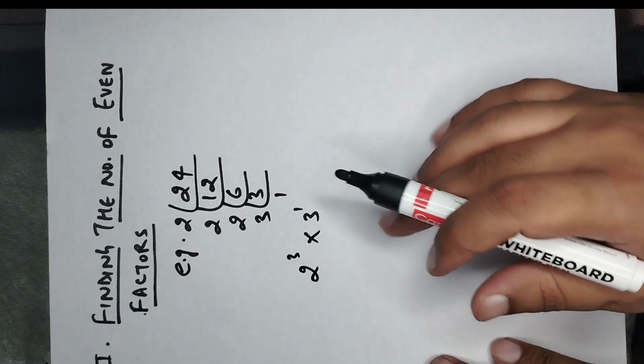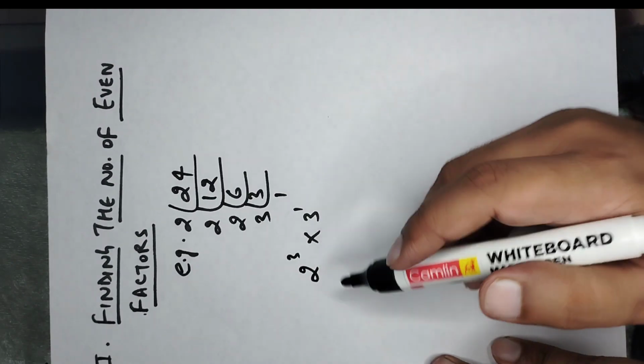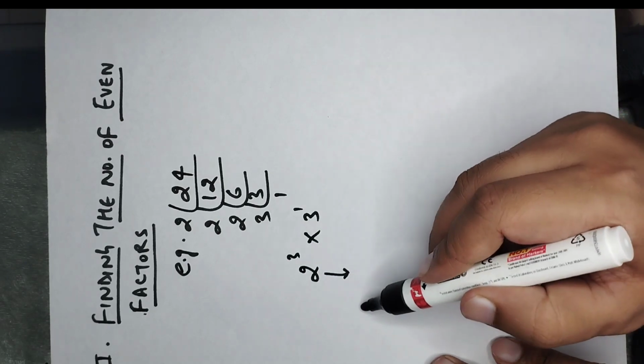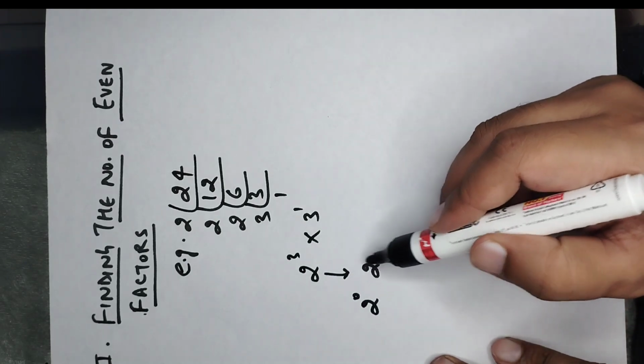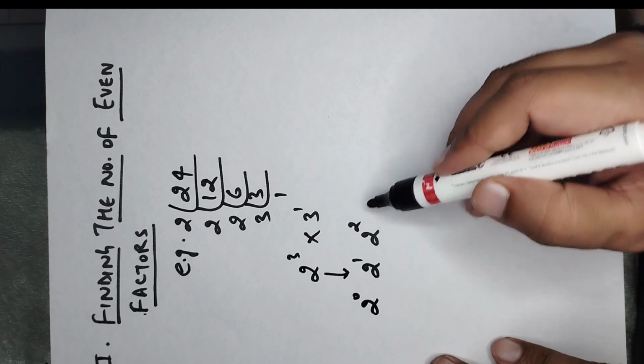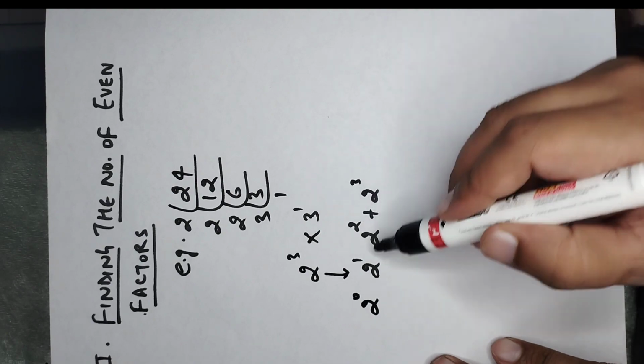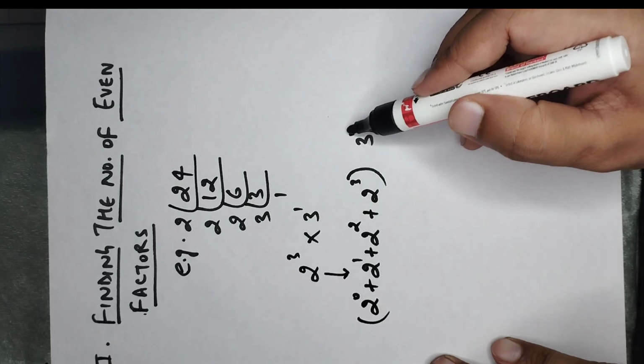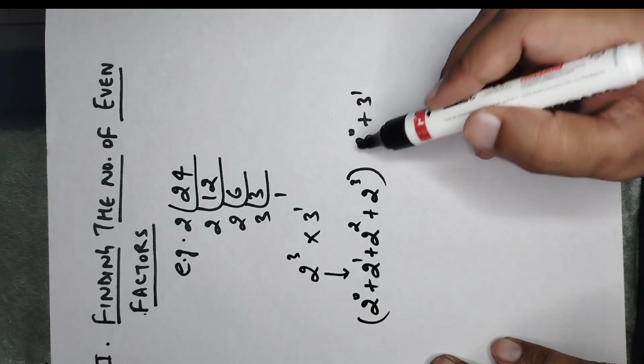Now again, as I told you, I can write this 2 raised to the power 3 as 2 raised to the power 0, 2 raised to the power 1, 2 squared and 2 cubed. Similarly, I can also write this 3 raised to the power 1 as 3 raised to the power 0 plus 3 raised to the power 1.